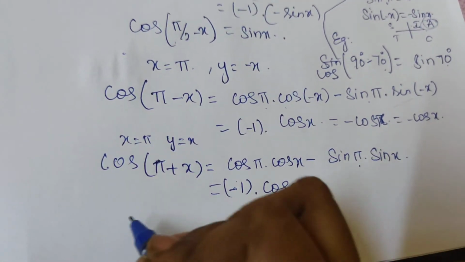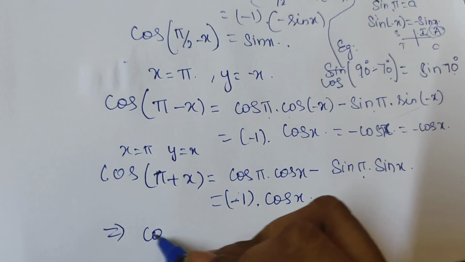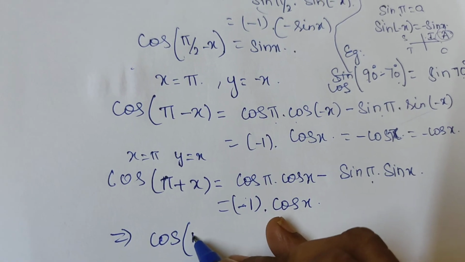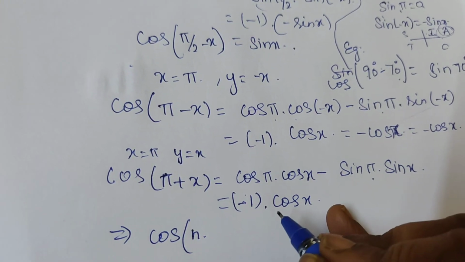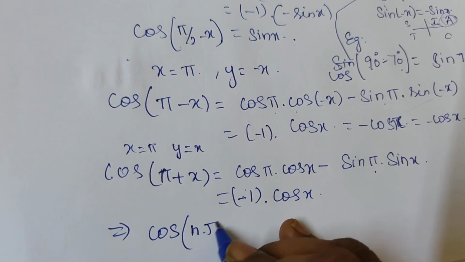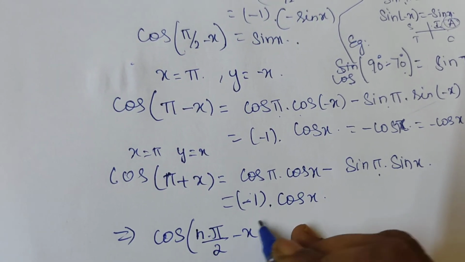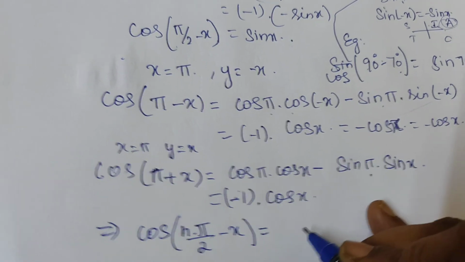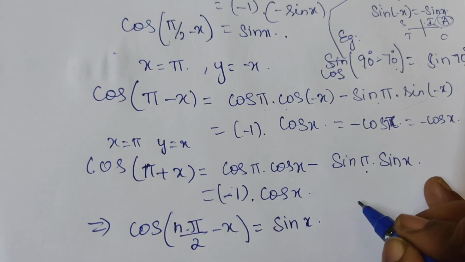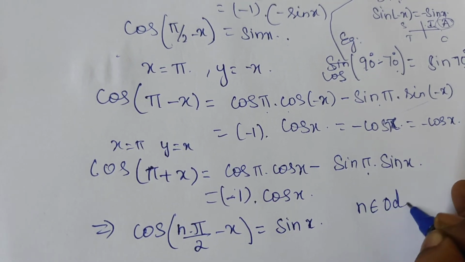So from this derivation we can derive cos of n pi by 2 minus x, where n is an integer. Assume n is an odd integer, cos of n pi by 2 minus x will be sin x, because this n is an odd integer.